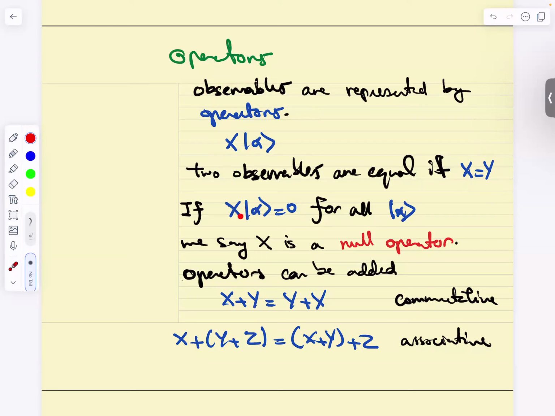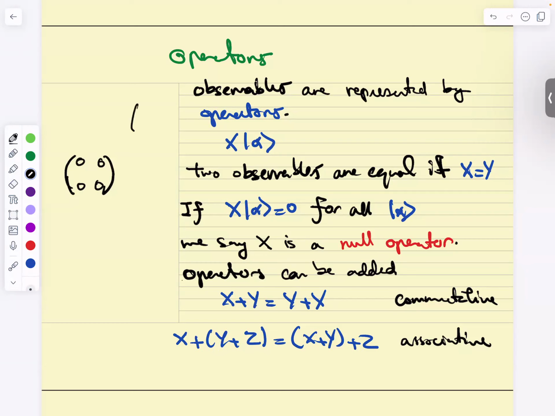If an operator acts on all kets and gives you 0, we say that operator is a null operator. So in a two-dimensional Hilbert space, tell me what is the null operator? It's 0, 0, 0, 0. It's the only matrix that if I multiply it by any vector, I'll get 0, right?